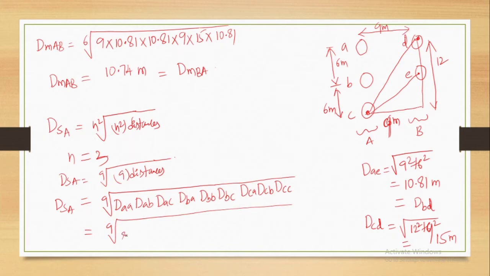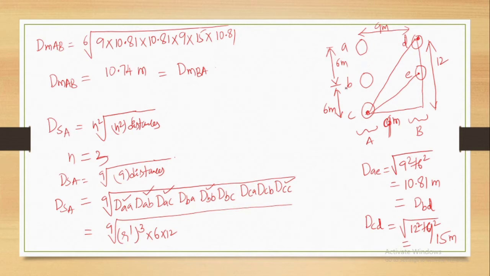So DAA is R dash, DBB is also R dash, and DCC is also R dash, so we get R dash whole cube. What are the remaining 6? A to B distance from the diagram is 6, and A to C distance is 12. Right? So this one is completed.